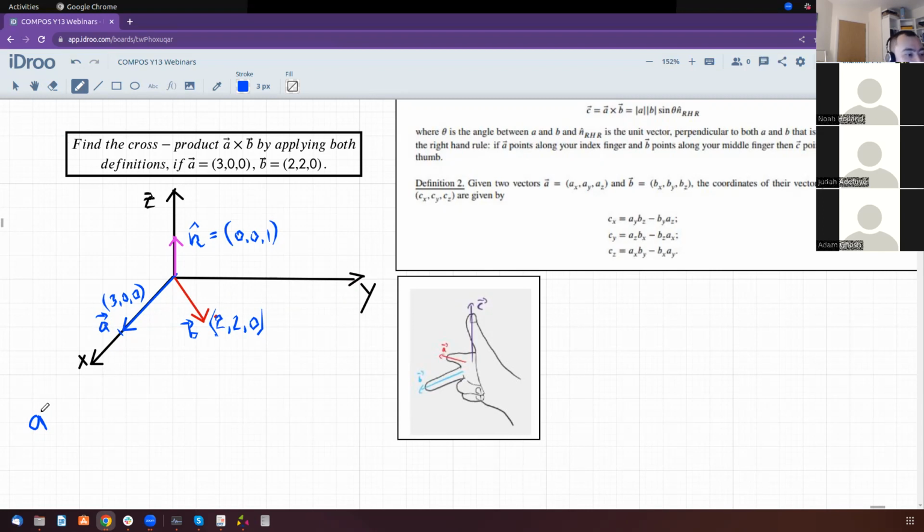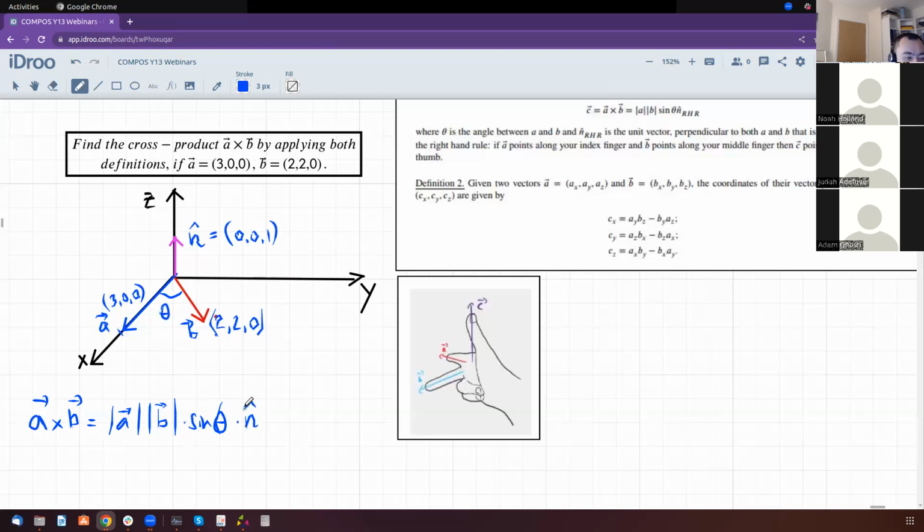So vector A times vector B is the modulus of vector A times the modulus of vector B multiplied by the sine of the angle between them, theta, multiplied by vector n.